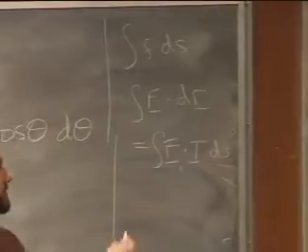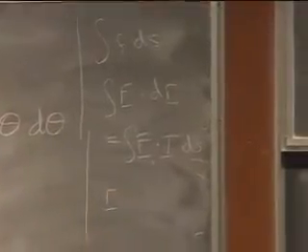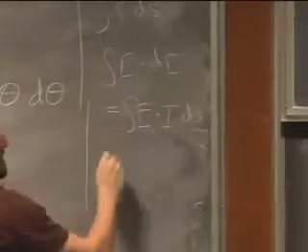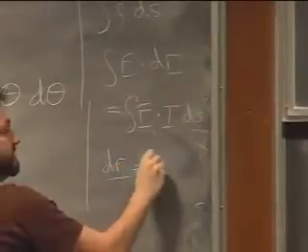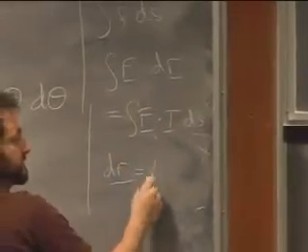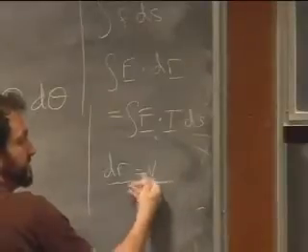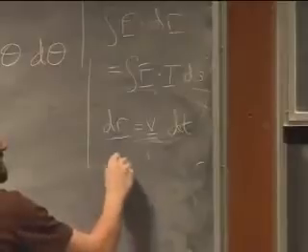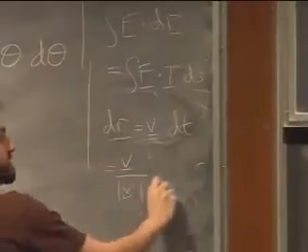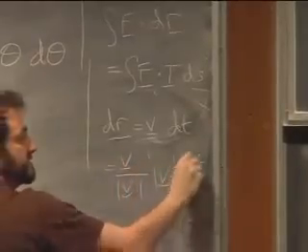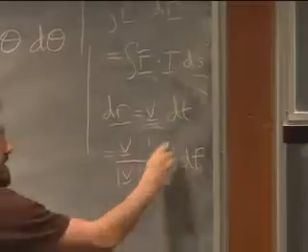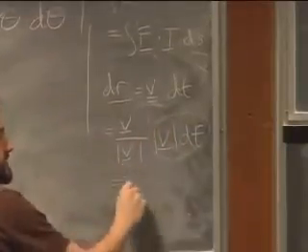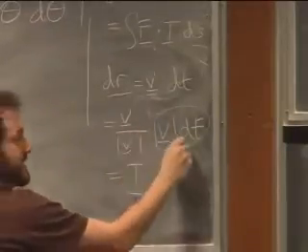Why? Because the velocity vector dr is v dt, which is v over the norm of v times the norm of v dt. And this is the unit tangent vector, and this is ds.